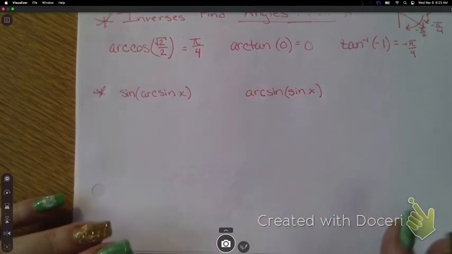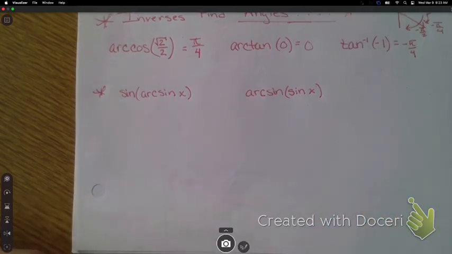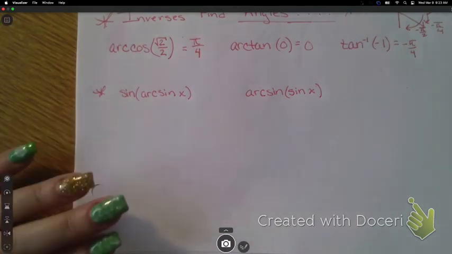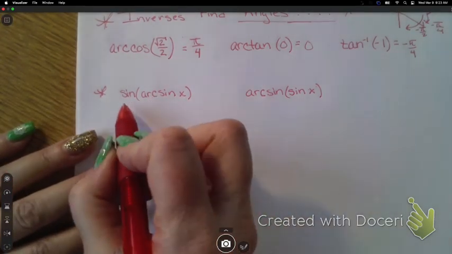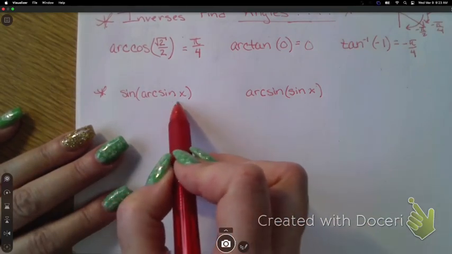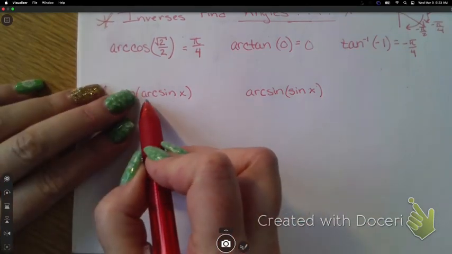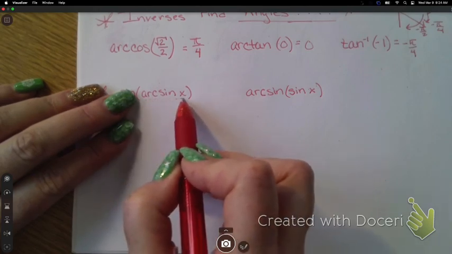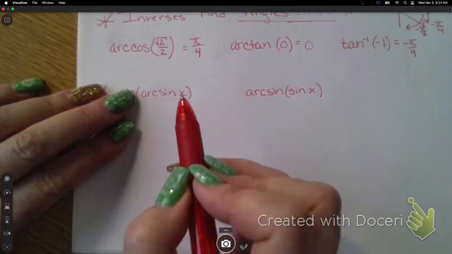Okay, well let's think about it. If I follow my order of operations, I have to do the inside first, right? So if I do the inside, arc sine of x gives me a what? An angle.